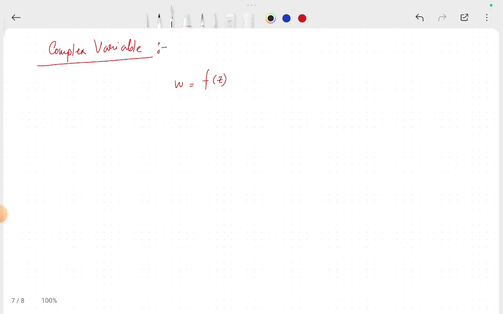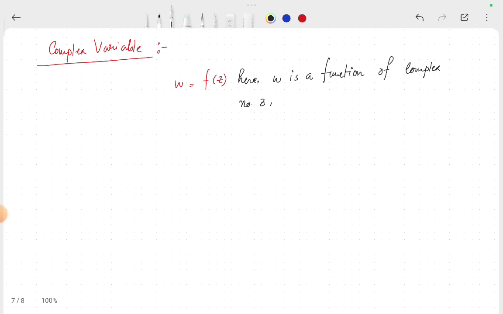When w is a function of a complex number, and the variable is a complex number, then w is a function of the complex variable z.